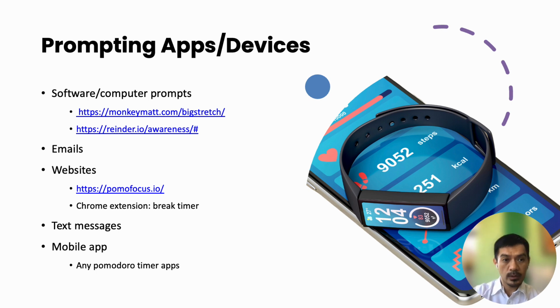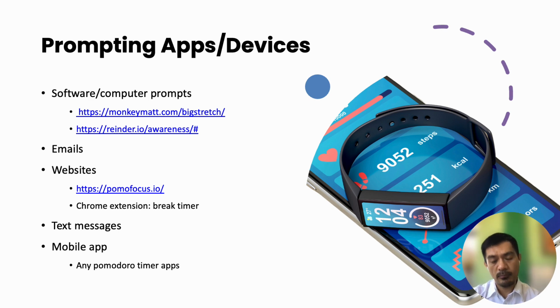We can also use websites. For example, there is Pomodoro.io, and there's also a Chrome extension called Break Timer, which you can install in your browser to remind you to move after sitting for longer periods of time, maybe after 30 minutes or 60 minutes. And of course, text messages.